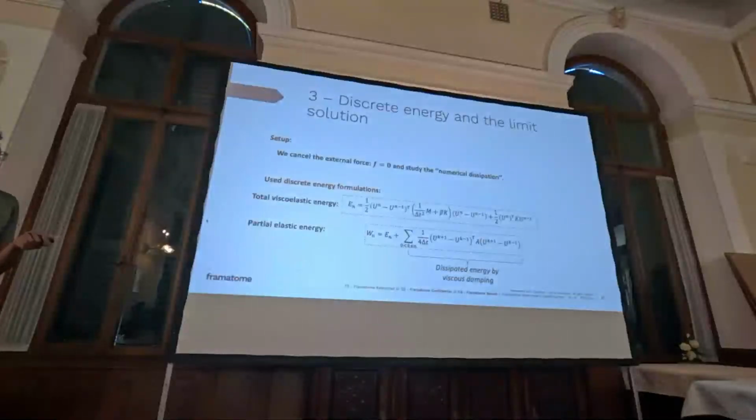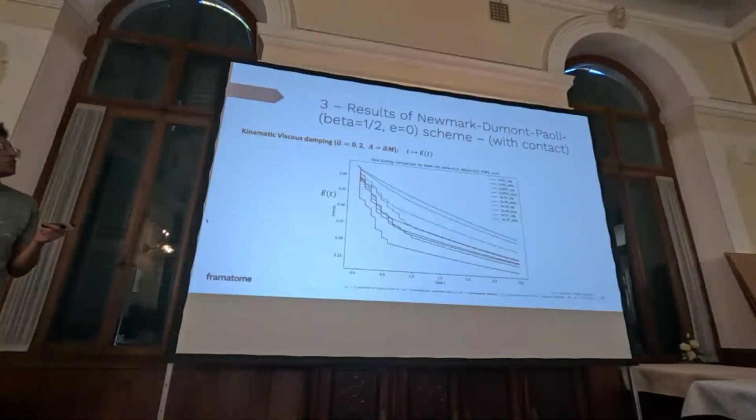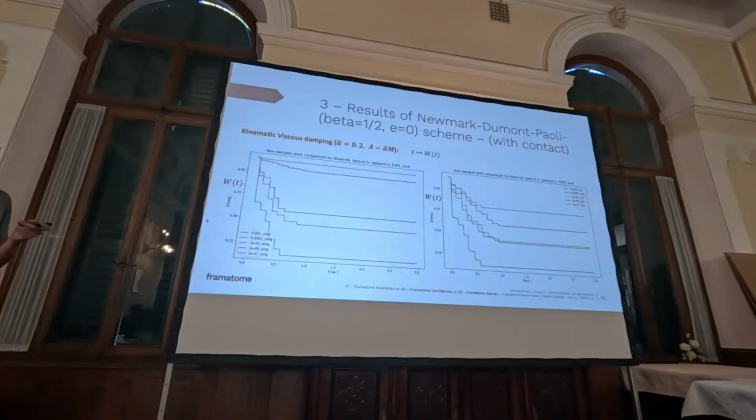So here are the discrete energy forms: the total viscoelastic energy and the partial elastic energy W. And we start with a kinematic viscous damping, that is only proportional to the mass. And we see that for the singular mass matrix, we have a smooth function at the limit that has an exponential-like shape.